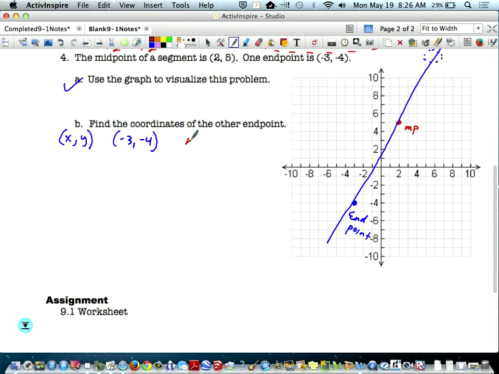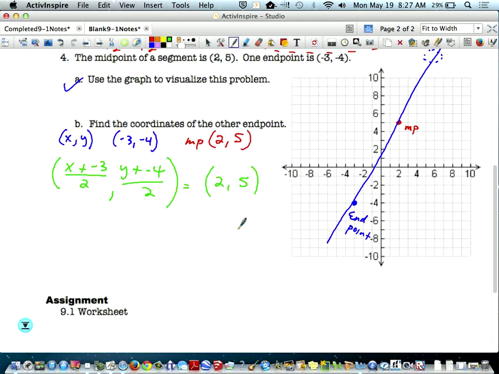And let's switch colors. Midpoint is (2, 5). So what the formula then would look like is (x + -3) over 2, comma, (y + -4) over 2 must equal (2, 5). I don't know what these x's and y's are, but if somebody did the midpoint formula, that's the answer they'd get.